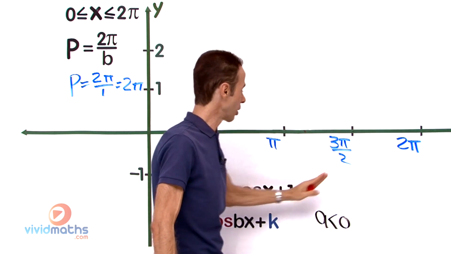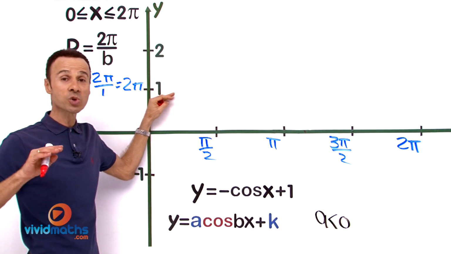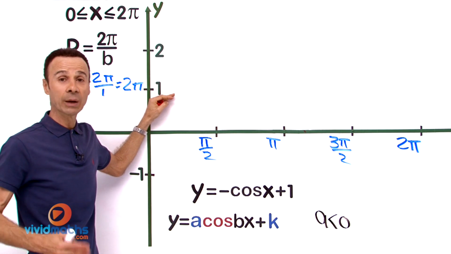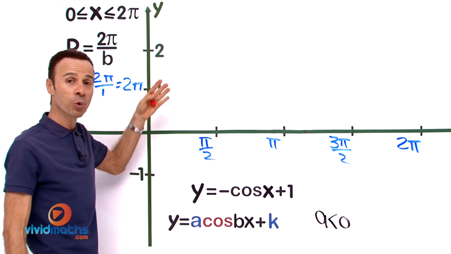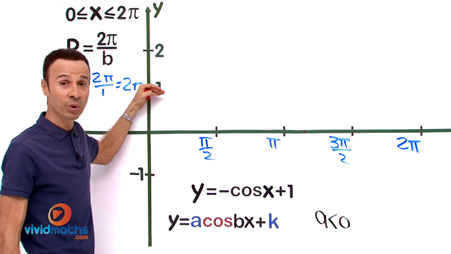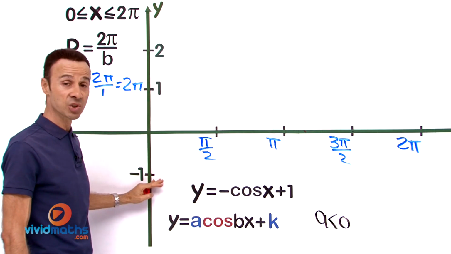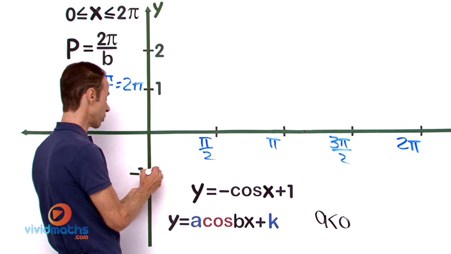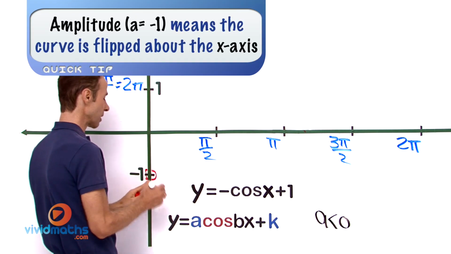But because we have a reflection, it will mirror that, and up will become down and down will become up. So instead of starting at 0, 1, we're going to begin at 0, negative 1. So our first point will be right there.